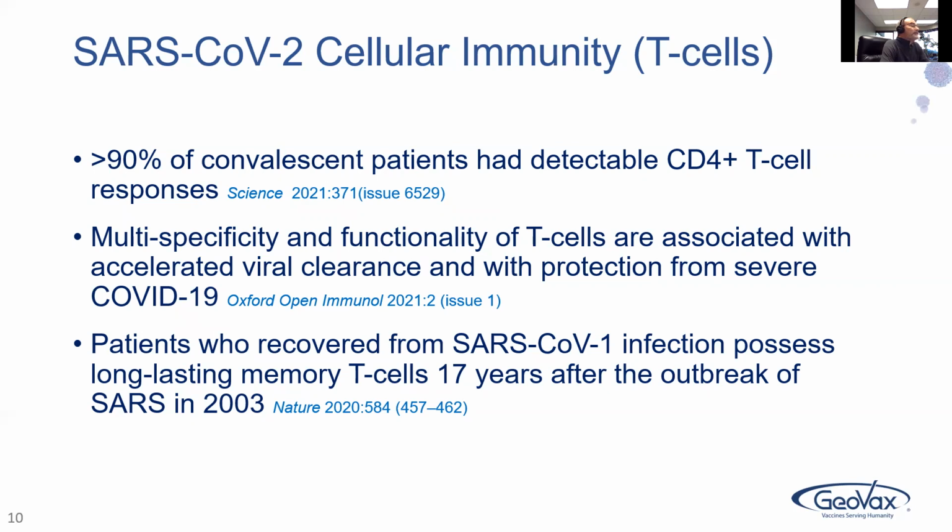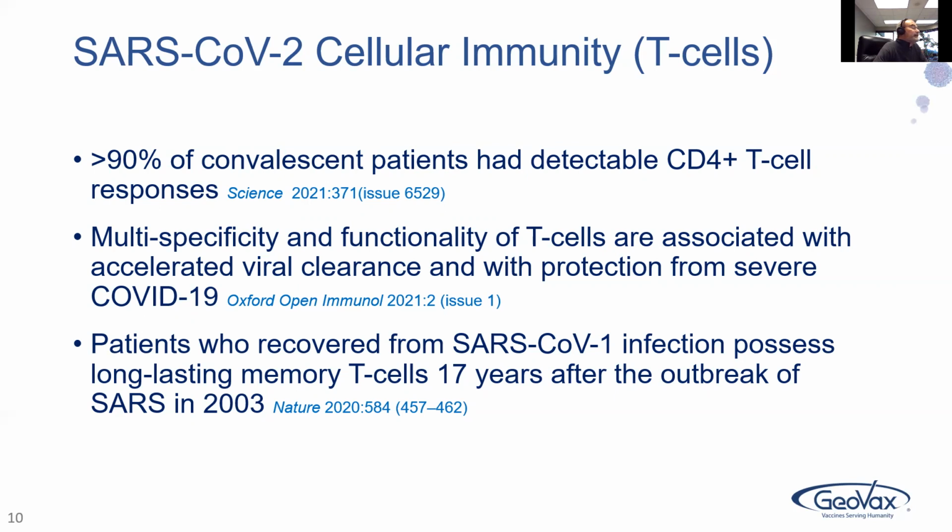Multi-specific T-cell responses, meaning they target multiple epitopes, and multifunctionality of T-cell responses, T-cells that are producing both interferons and cytokines such as IL-2, are associated with accelerated viral clearance and therefore with protection from severe disease. So this is the goal when generating a vaccine response.